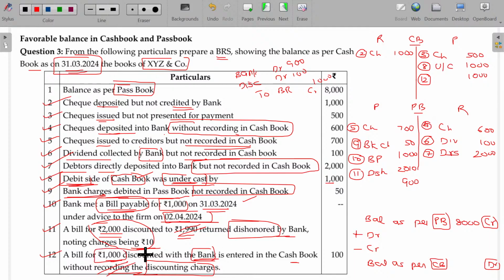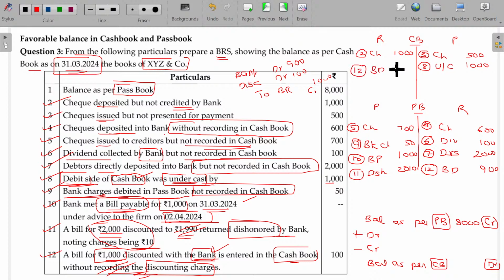A bill for rupees 1000 discounted with the bank is entered in the cash book without recording the discounting charges. The banker will record 1000 minus 100, 900 as the amount. Okay, I'll make a correction. Twelfth one here: bill discounted 900 rupees, but shown here as how much?